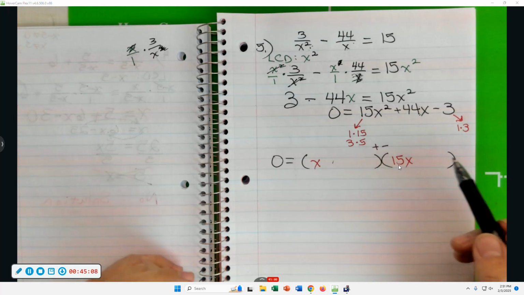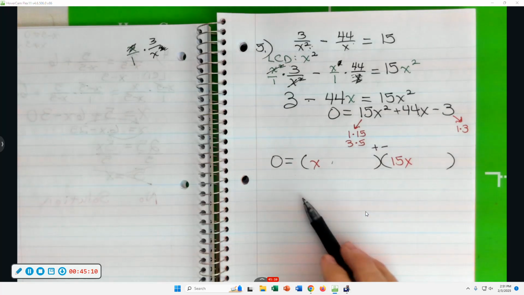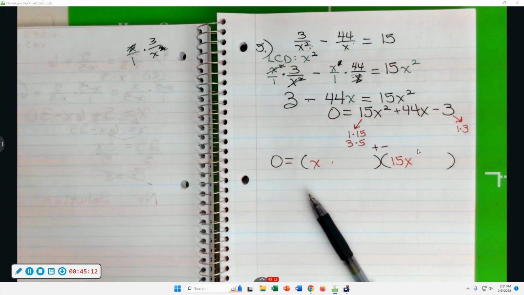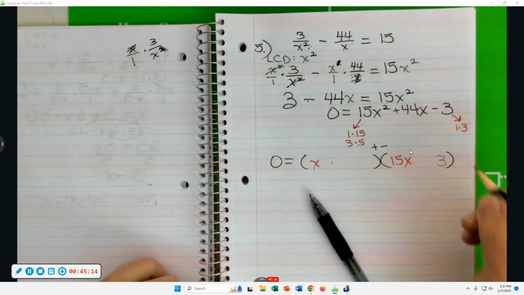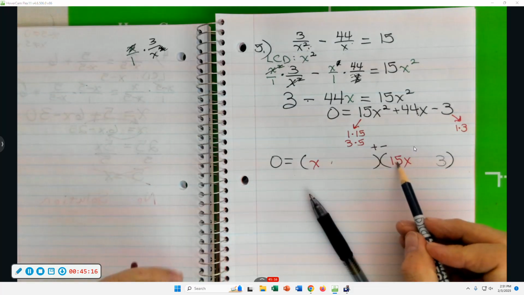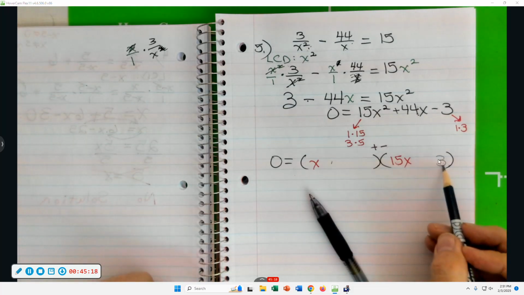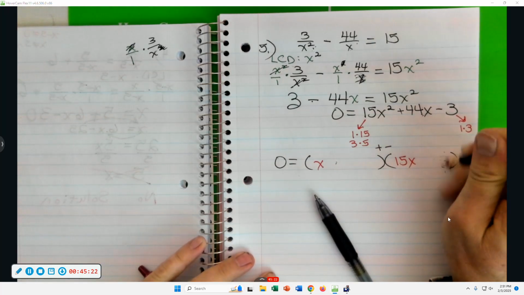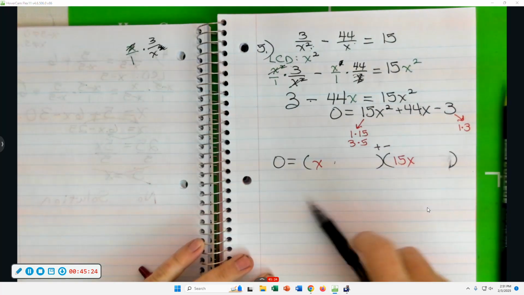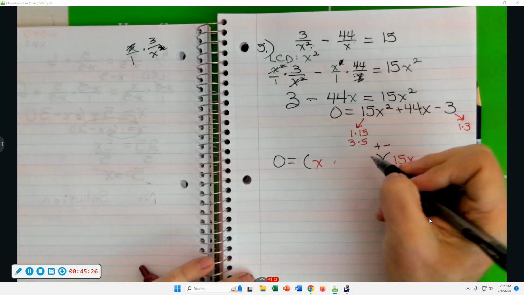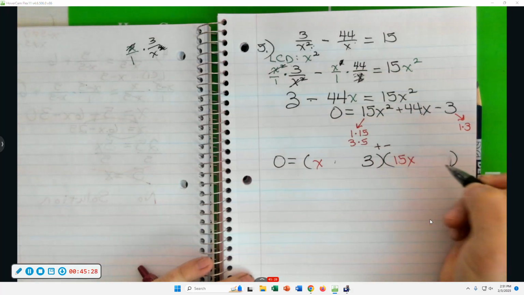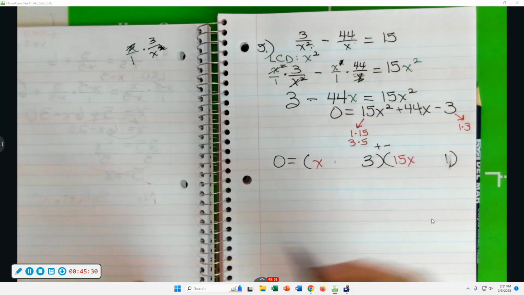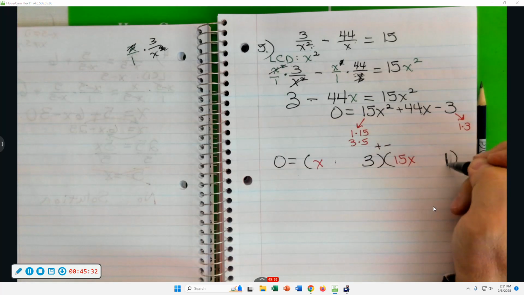If I put that 3 there, 3 and 15 are both divisible by 3. That can't be correct. The only common factor you can have inside those parentheses is a 1. So we better put the 3 there and the 1 there.